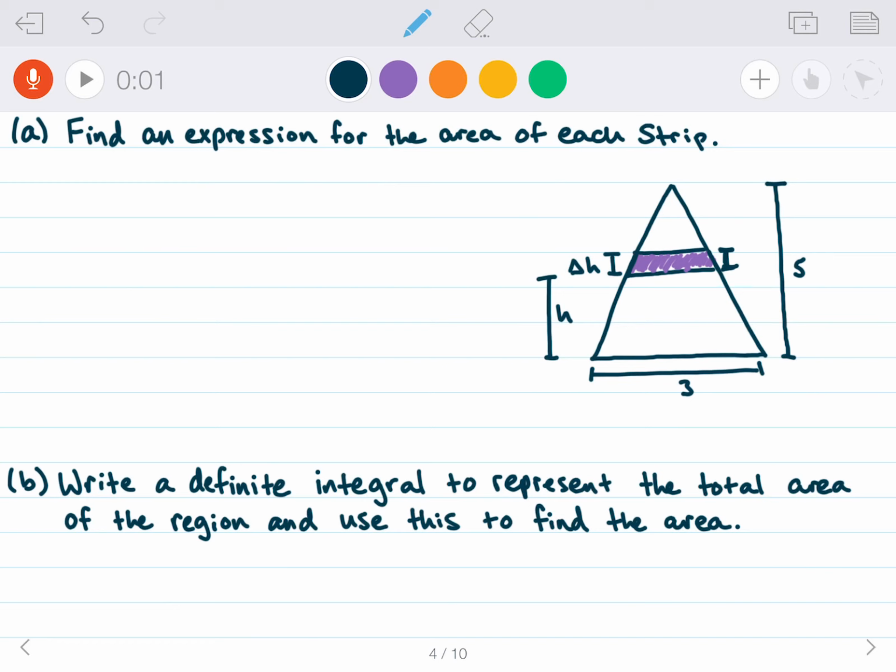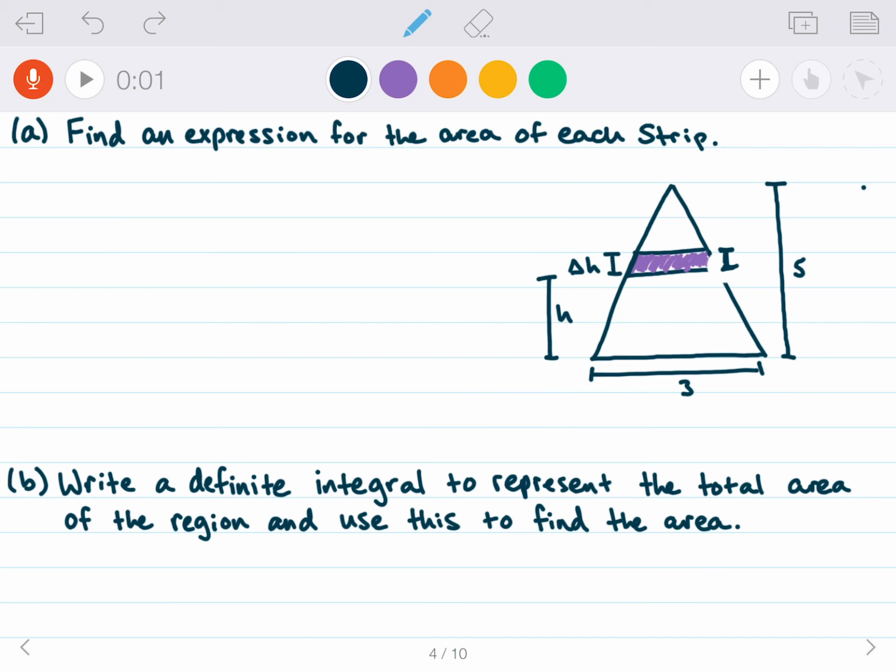And as that thing shrinks down, you can imagine how it'll look like a rectangle. Let's just do an example of this. As we get really skinny, it really does start to look like a rectangle. So that's what I want you to think of in the back of your head with these examples.